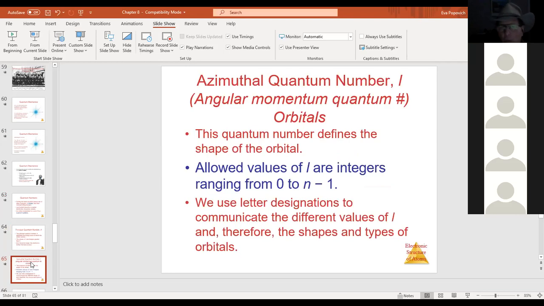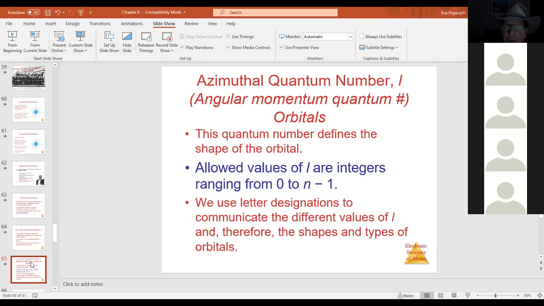The Azimuthal quantum number, or the angular quantum number, defines the shape of the orbital. The allowed values are n minus 1 through to 0, back up to n plus 1.